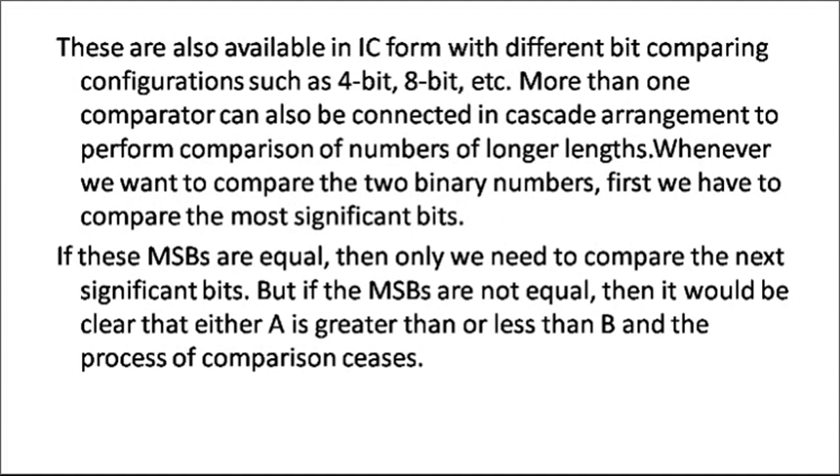Whenever you compare two numbers, we can assume the first number is A and the second number is B. In that case, what are the possibilities? A may be greater than B, B may be greater than A, or A may be equal to B.